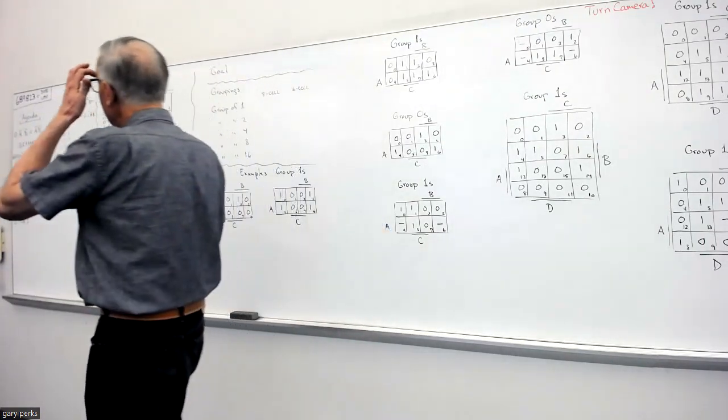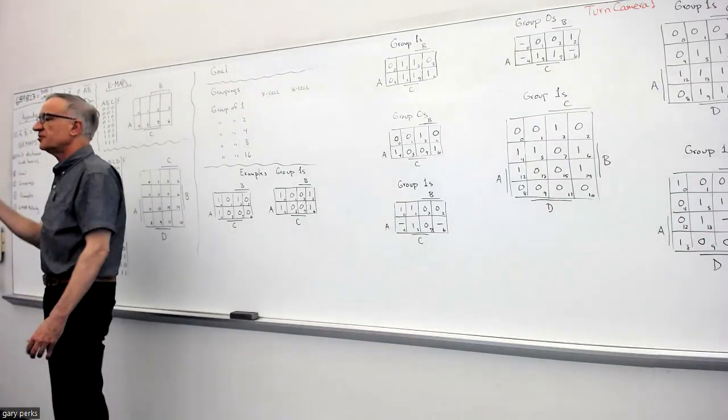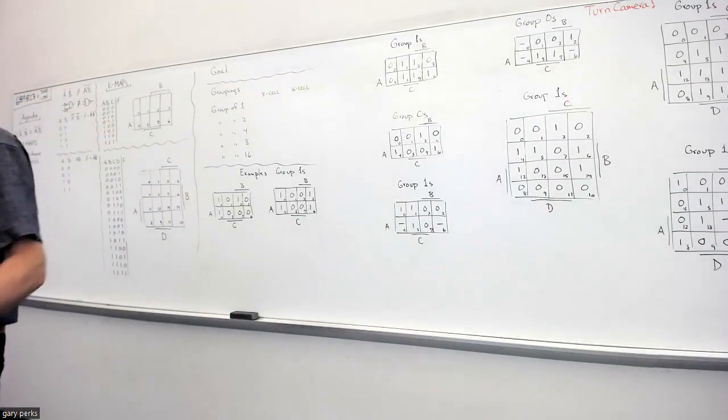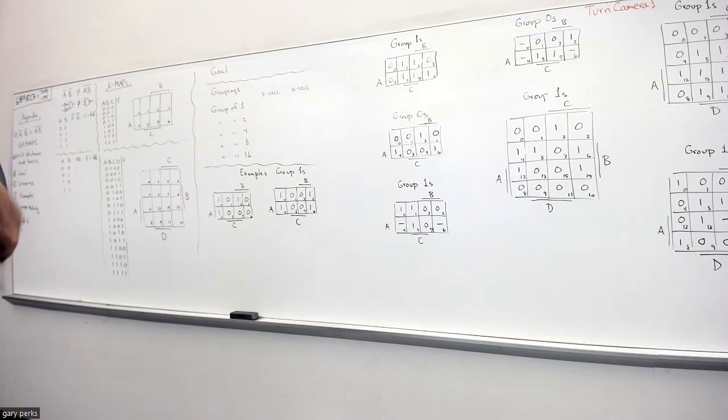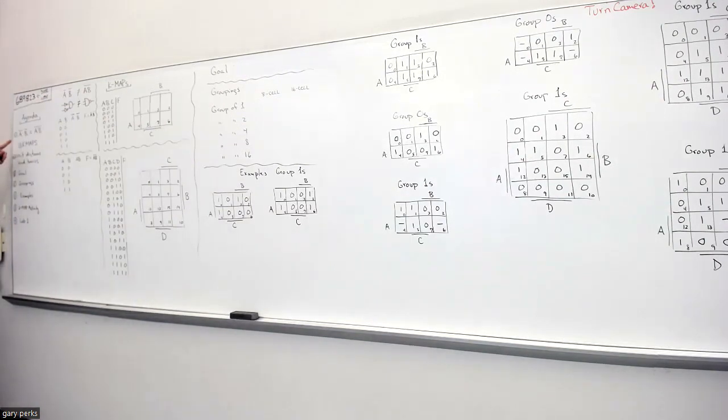But before we start the Karnaugh maps, there's one other thing that I want to cover that ties into what we talked about last week when we were taking a truth table and then getting an SOP expression or a POS expression from that truth table. It has to do with this here, that often people make this mistake.